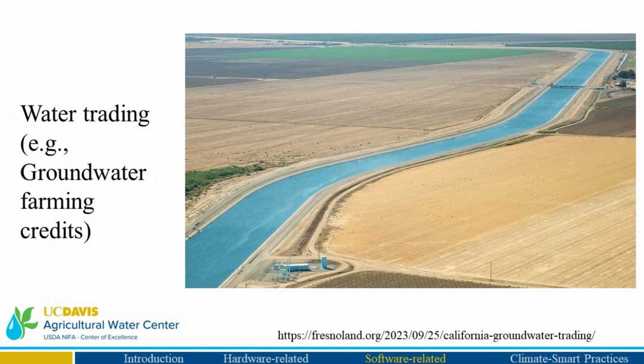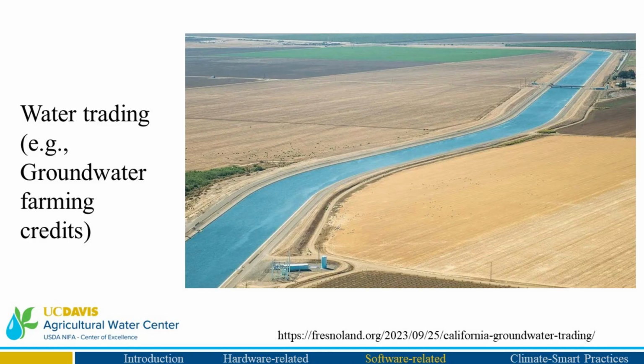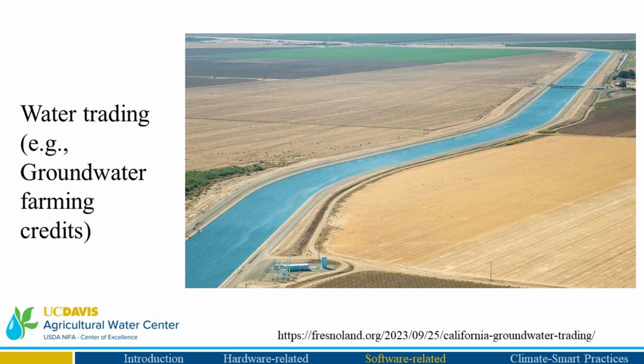And then there are other things that are more policy-oriented, like water markets. Okay? In California, for example, they are talking about farmers farming groundwater, where during a flood, if you can document that you infiltrated or you are banked, say, 1 acre foot, that is money you can get in a drought if somebody pumped out that 1 acre foot, okay?